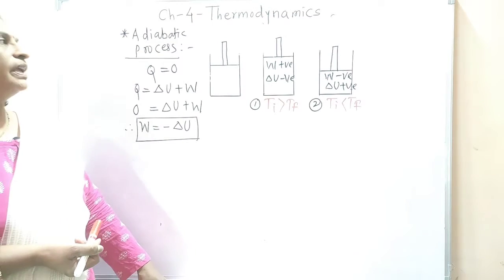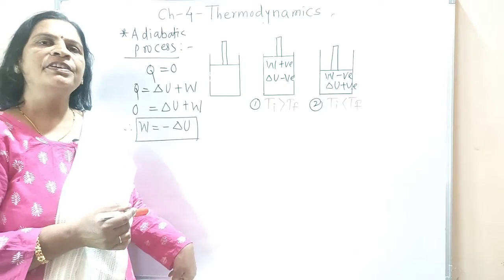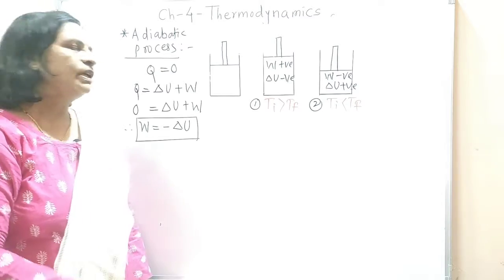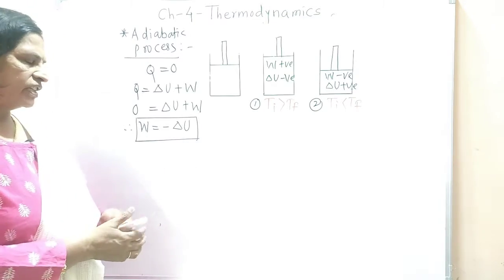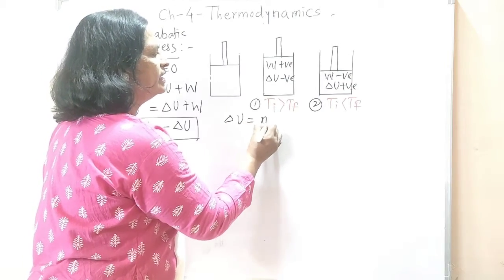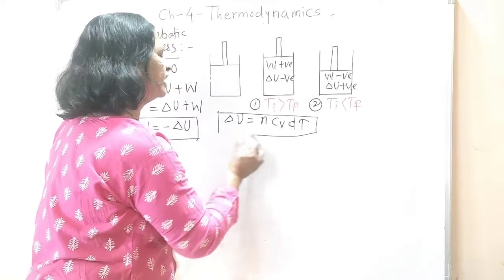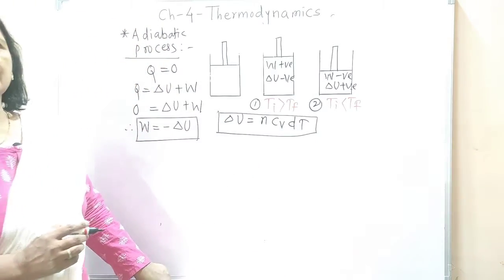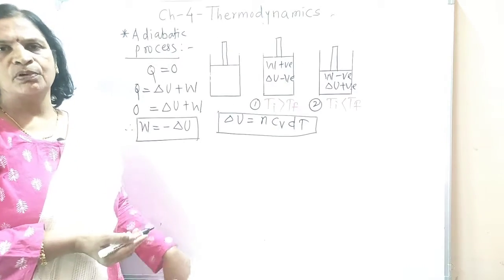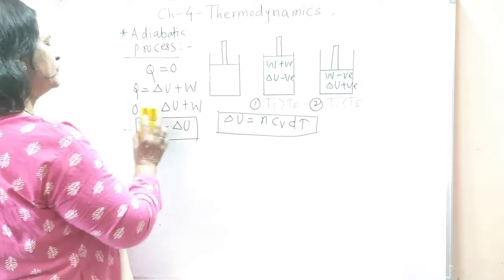Okay. Now we have to study the thermodynamics of an adiabatic process. For that purpose, we know that change in internal energy is always given by the formula nCv dT. This is the formula for change in internal energy. And now we have to find out the work done in this process.